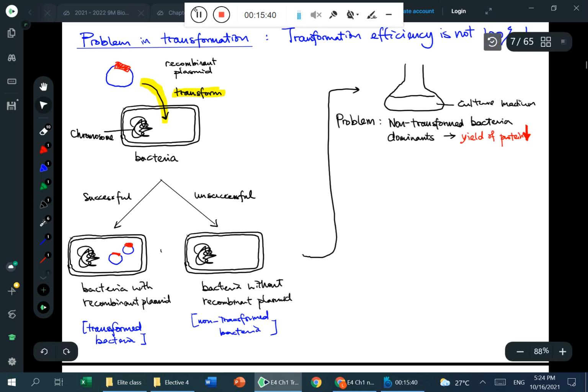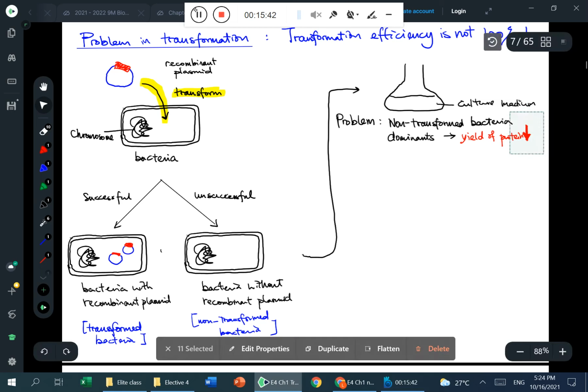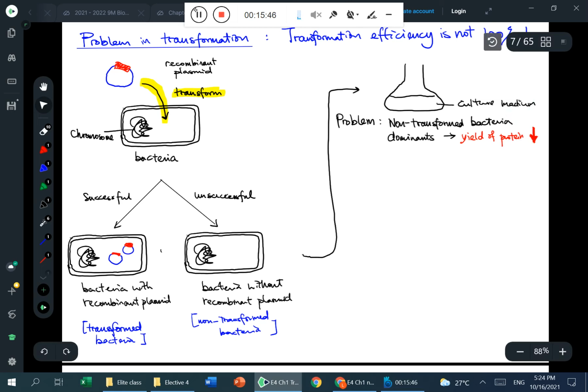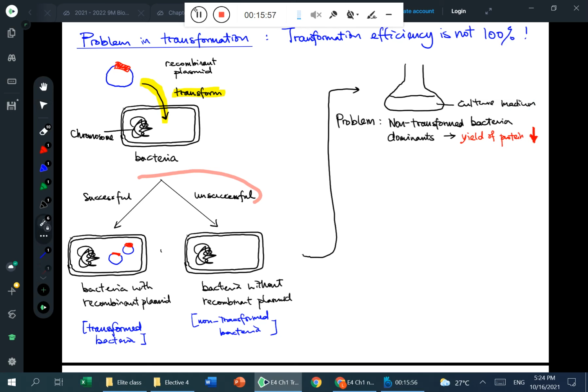Now, the first solution that you think of, maybe, is to find a way to improve the transformation efficiency. All right, 70% is too low, so let's make it 80, make it 90, make it 100. Oh no, you can't make it 100. Make it 99, let's say. Is it a viable solution? Is it a workable solution?